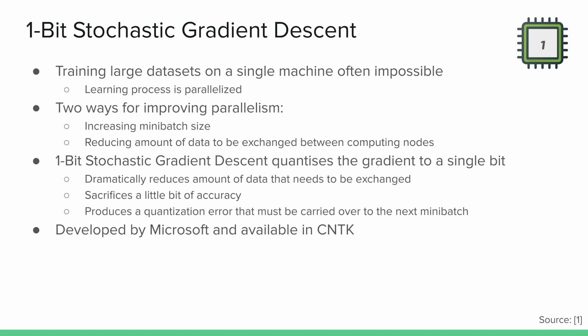so we have to parallelize our training. And as I said before, if you split your data set and run this in parallel, you have to synchronize your gradient. You can either improve this parallelism by increasing the mini-batch size, by training on more samples at the same time, or by reducing the amount of data that needs to be exchanged between those individual nodes that are training your model.